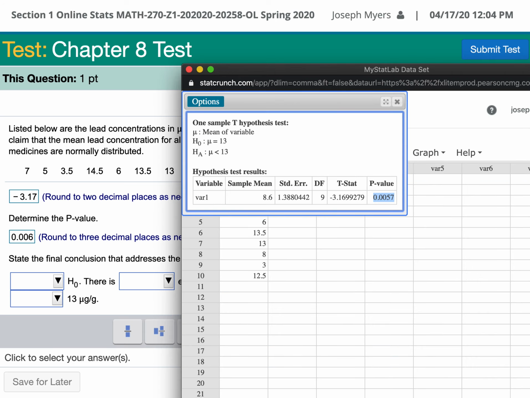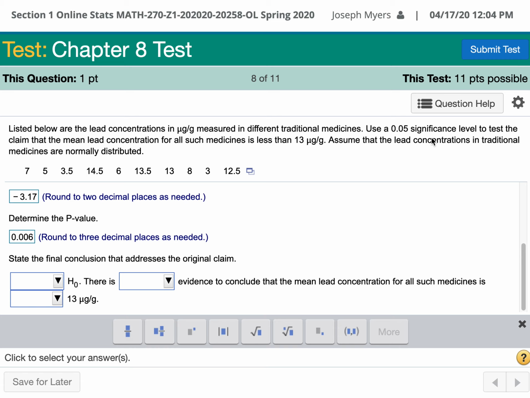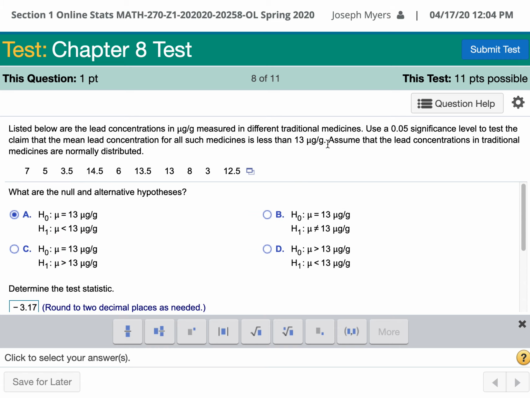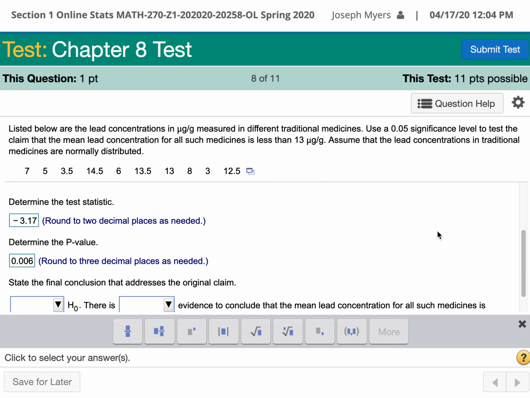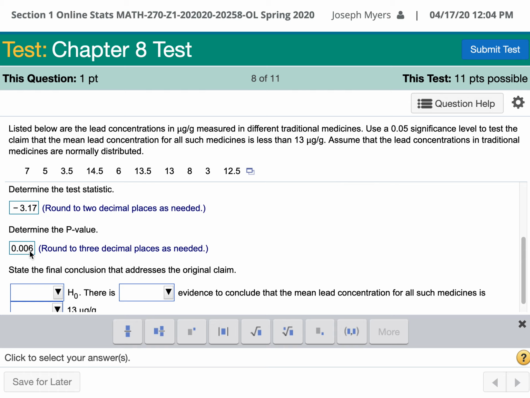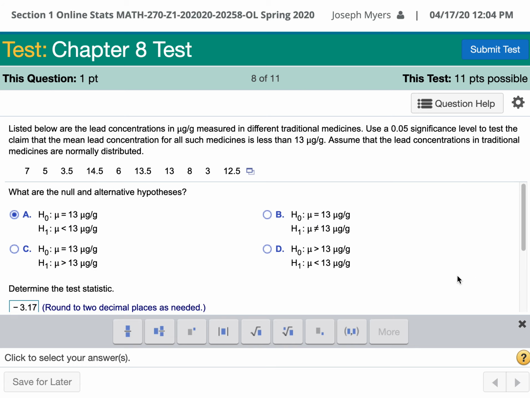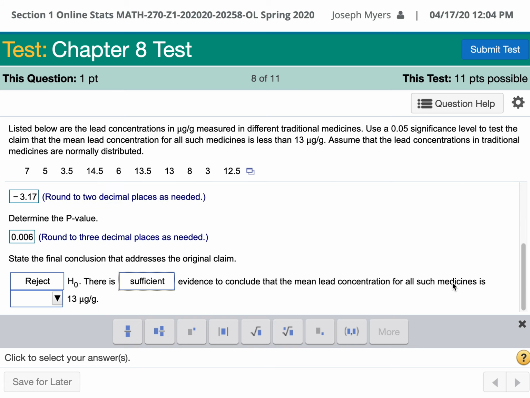And the final conclusion, okay, now we have to look at the significance level. It says 0.05. So since the p-value is less than the significance level of 0.05, then we are going to reject the null, which means that there is sufficient evidence to conclude that the mean lead concentration for all such medicines is less than.